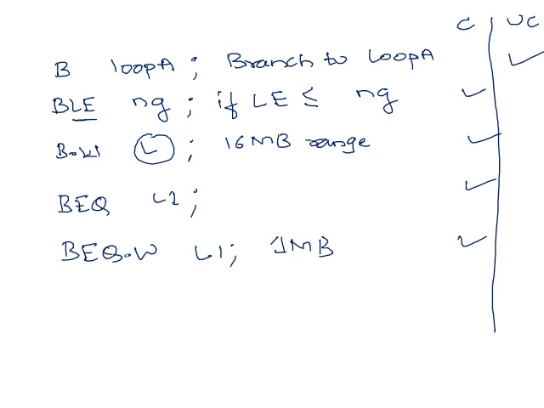Similarly, we can have BL, branch and link, followed by some label, F1 I will take. This is a branch with link to a function, and the return address is stored in the link register, correct? Similarly, we can have instructions like BXNE, where NE is the condition.